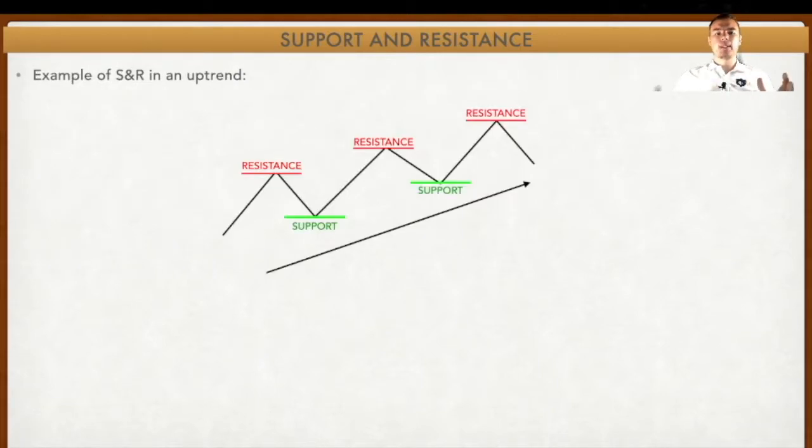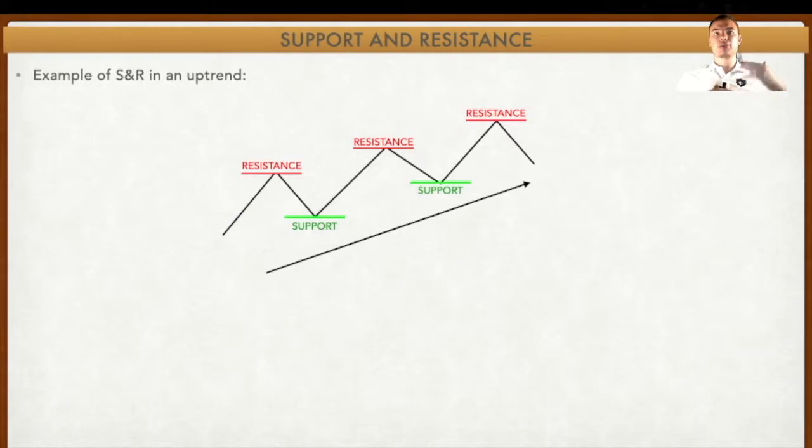Here is an example of support and resistance in an uptrend. As you can see, resistance is on top, support is at the bottom. Basically, support and resistance are levels where price respects. It will get to a certain level and then bounce back.